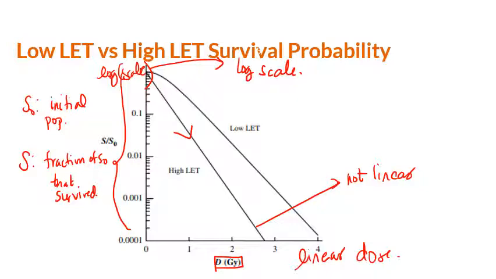In comparison to low-LET, so low linear energy transfer particles such as your beta and gamma, yung graph is may shoulder ka pa dito. You have this shoulder. Hindi agad diretsong baba. May konting mabagal na pagbaba. But nonetheless, the survival probability decreases as your dose increases.